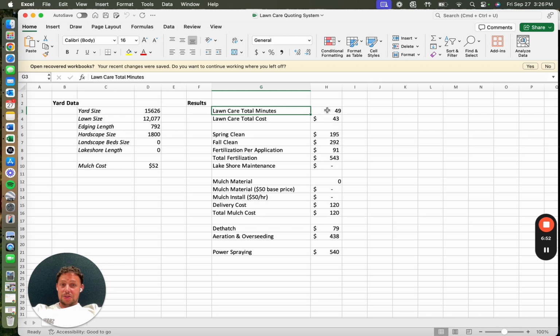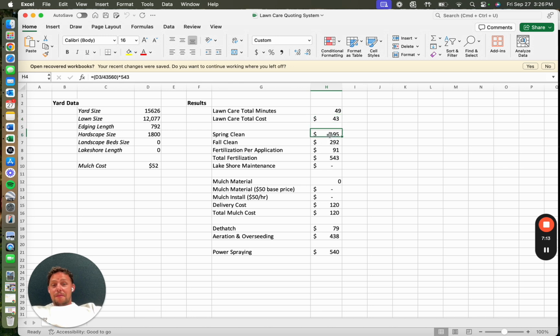So it would take us 49 minutes to do that. One guy, 49 minutes. So roughly lawn care cost is 43 bucks because we can just pound out these lawns really quick. So that gave us the ability to price our lawns quickly.